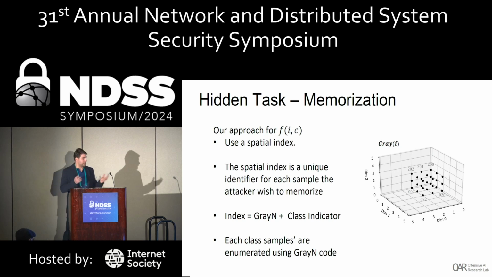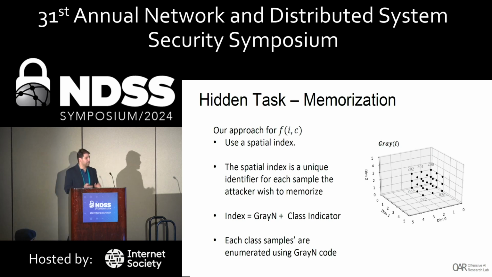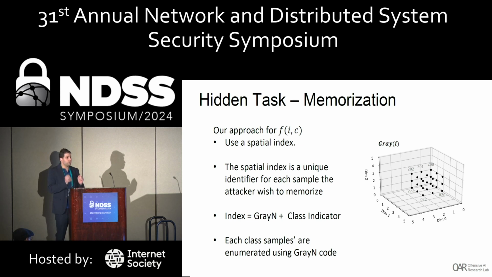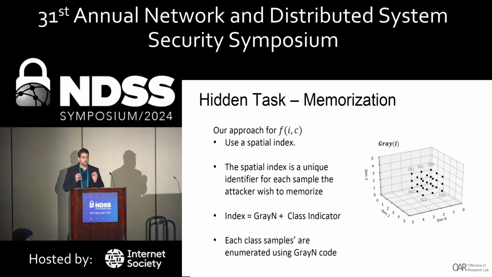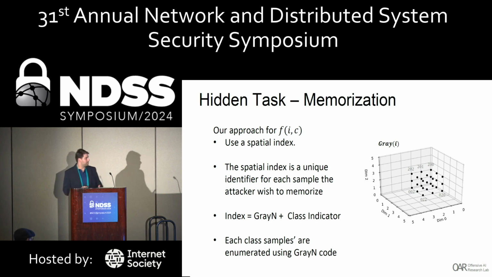How can this be done? Well, we use what we call a spatial index. A spatial index is a unique identifier for each sample the attacker wishes to memorize inside the model, and is the input for the transpose direction of the model. It is implemented using multi-dimensional representation of gray code, as can be seen on the image on the right, and class indicators implemented as one-hot encodings.